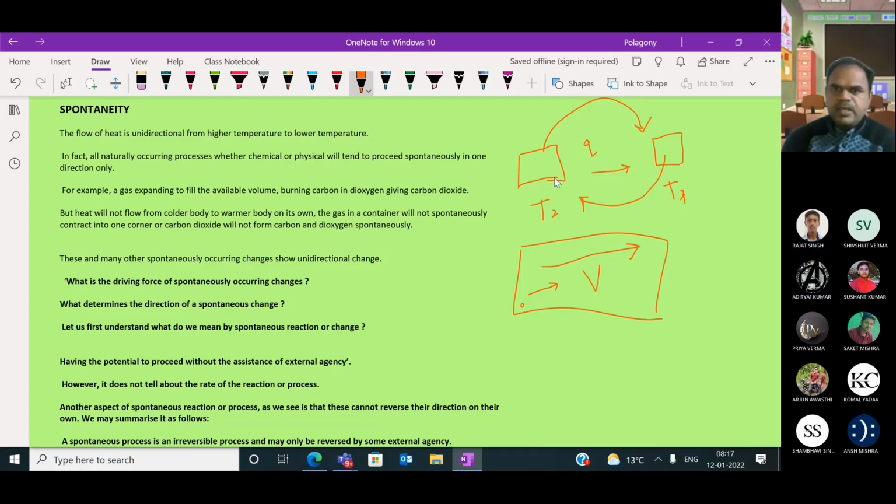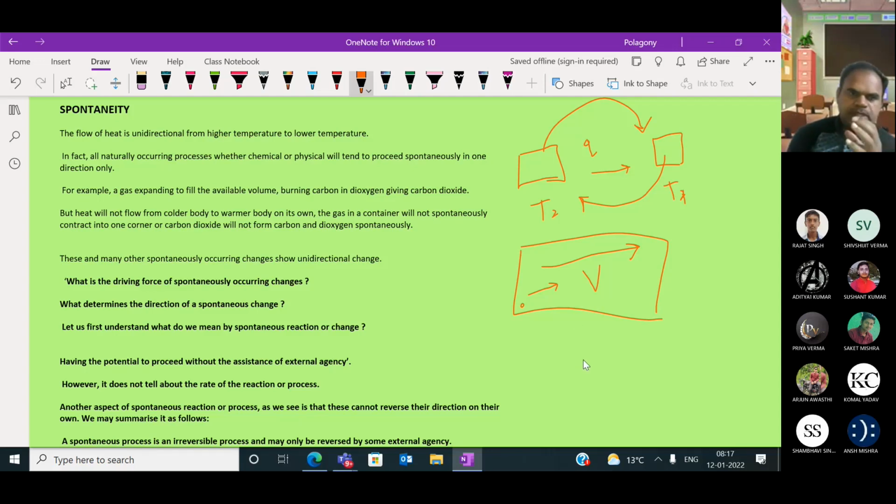Yeah, the temperature difference between the two systems. That's right. And what do you say in case of the gas? The concentration of gas was more in one place and less in the other place. See, the gas moves and spreads over the entire volume. So what could be the driving force to spread?